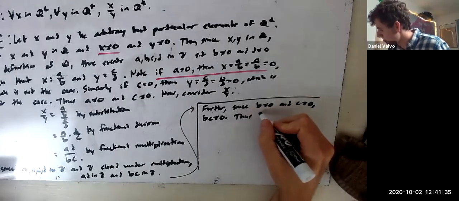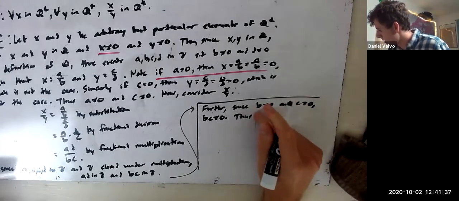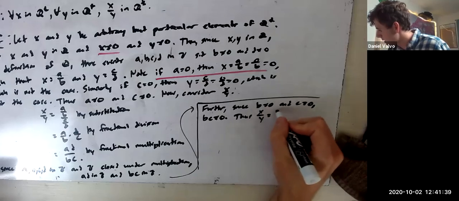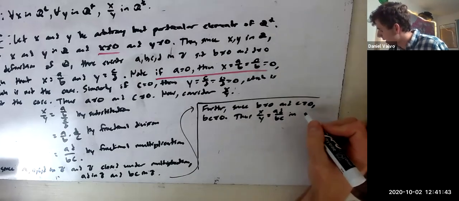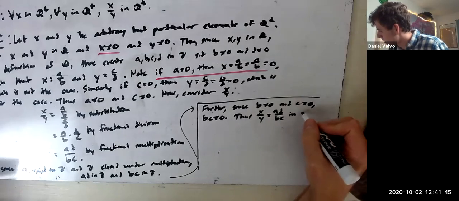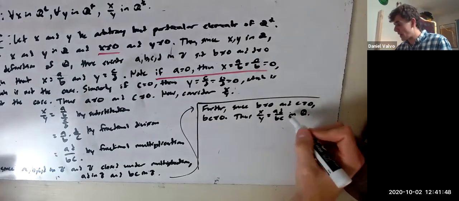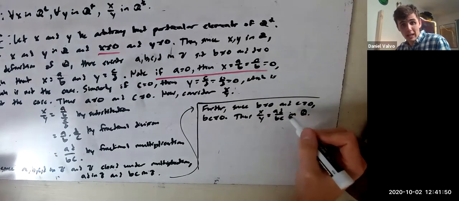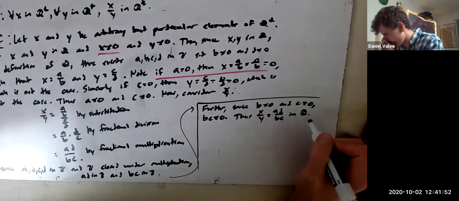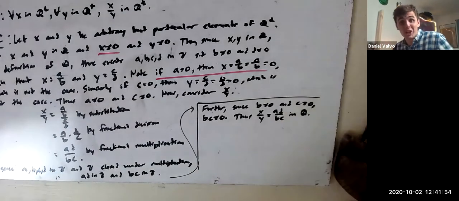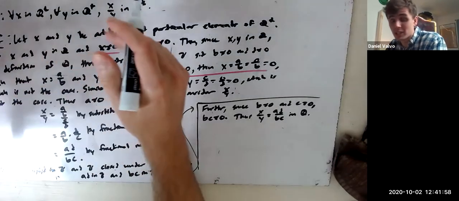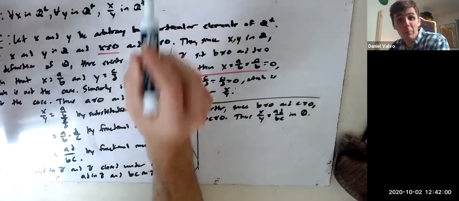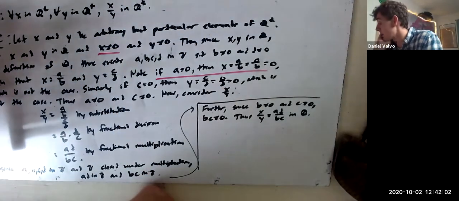Thus, X over Y, which equals AD over BC, is in Q, right? Because it's a ratio of integers, AD and BC, and the bottom's not 0. So now we know that X over Y is in Q. We're so close, but we want to show it's in Q star. That proves that Q star is closed under division.